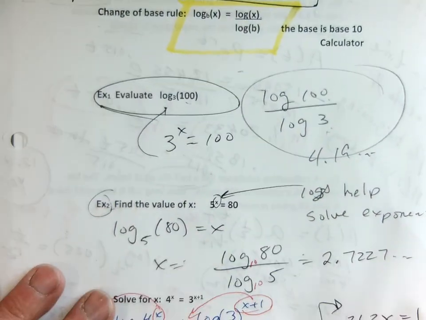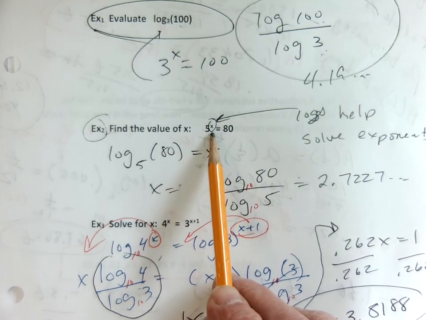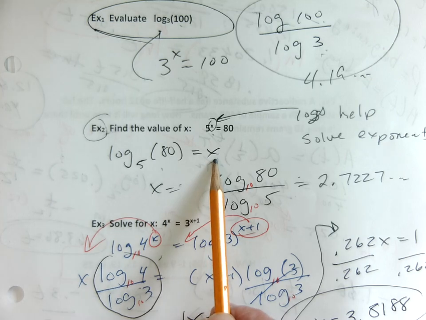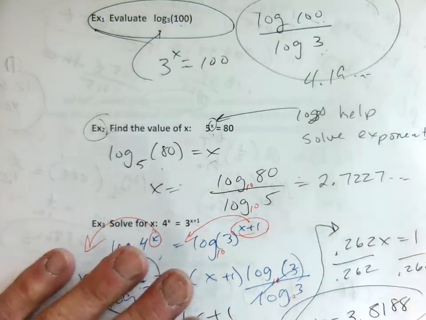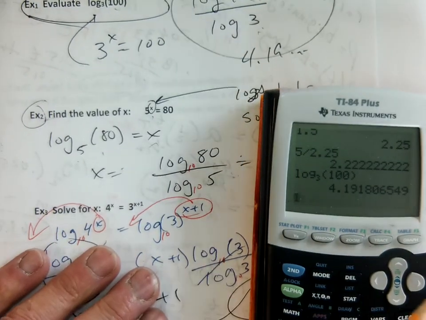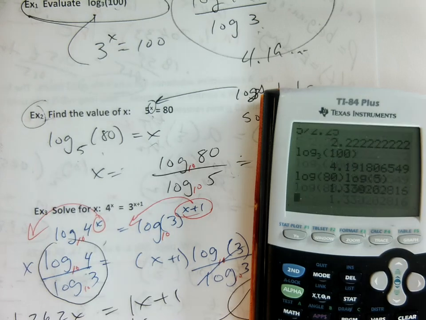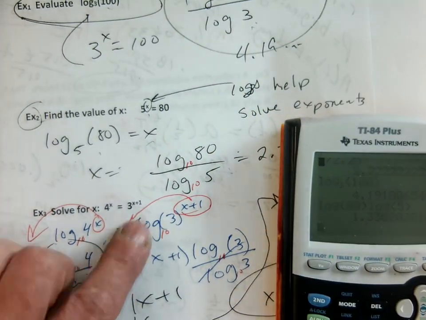So then, example 2, well, let's first of all rewrite it in log form. So we go log base 5 of 80 equals x. So I can do the change of base formula. I go log of 80 divided by log of 5, and I get an answer. Oh, that's the wrong answer. I didn't divide, that's why.